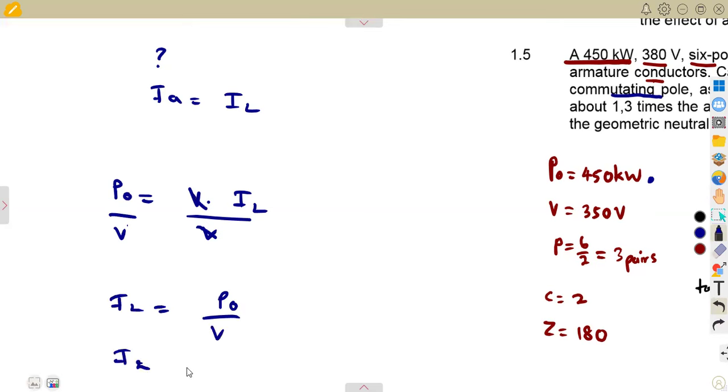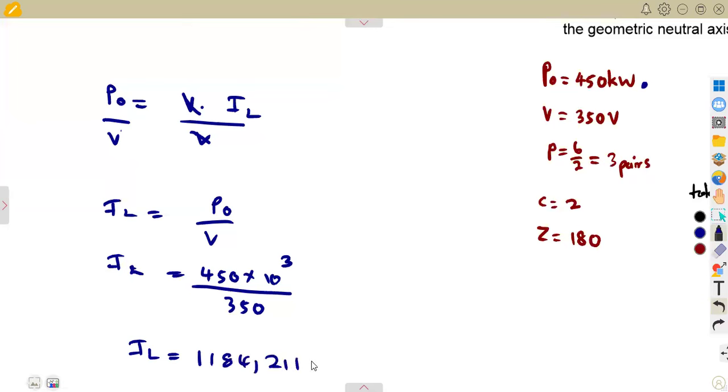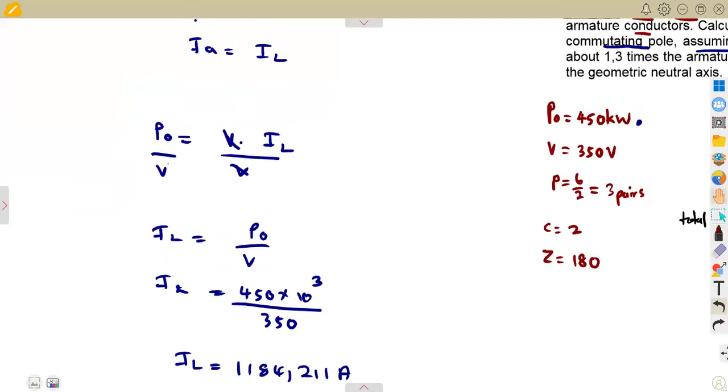So the load current is equal to the power output, 450 kilowatts, that's times 10 to the exponent of 3, over the voltage of 350. So there we are going to obtain the load current, which is going to be 1,184.211 amps.